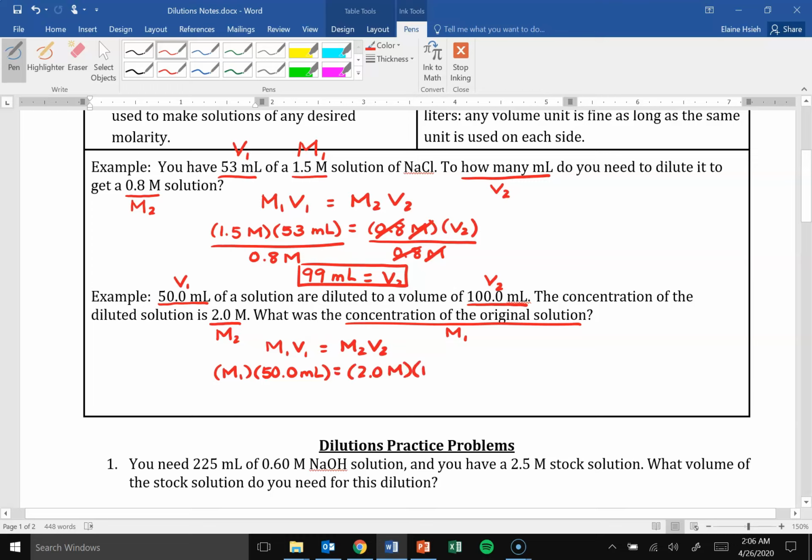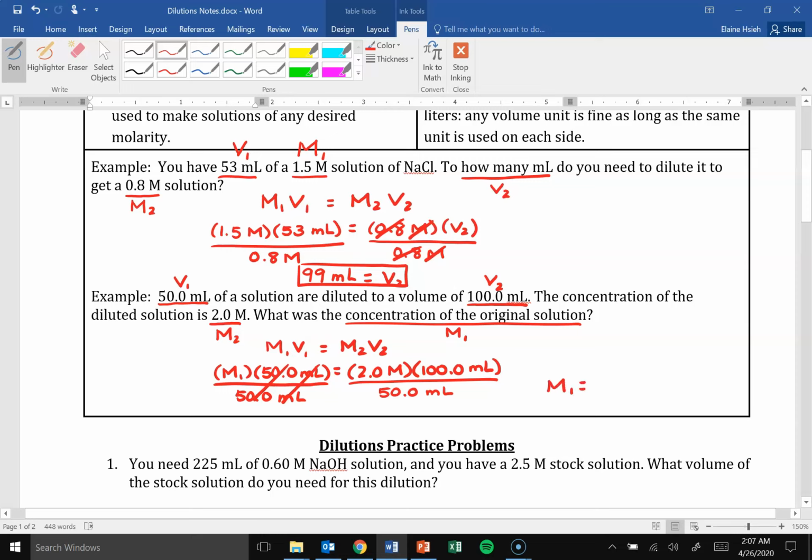And V2 is 100.0 milliliters. To get M1 to be by itself, we're going to divide by 50.0 milliliters on both sides. And M1 is then by itself.